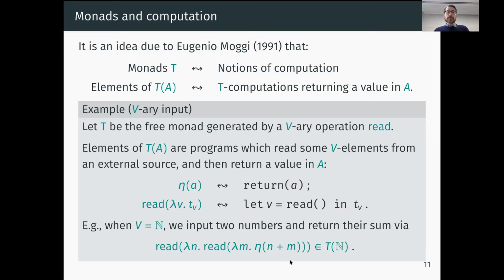Okay? And so here's a program which does that. So first of all, I do a read. The result of that read is n. And then given that result n, I'm going to continue as follows. I'm going to perform another read. I'm going to bind the result of that read to m. And then here, I return n plus m.